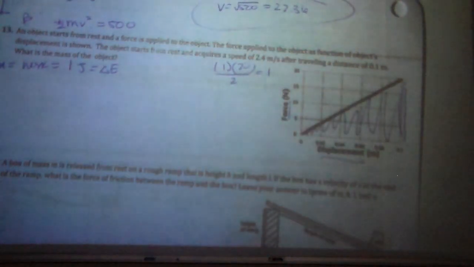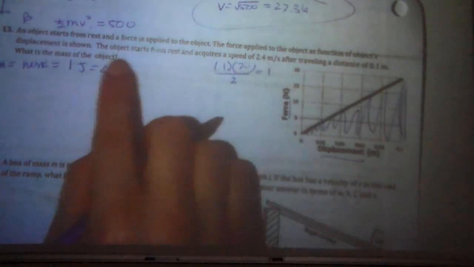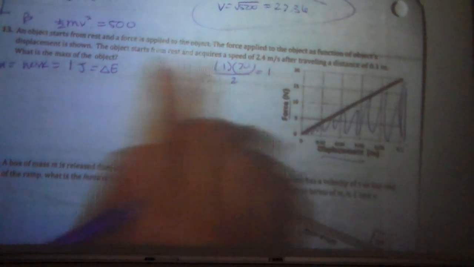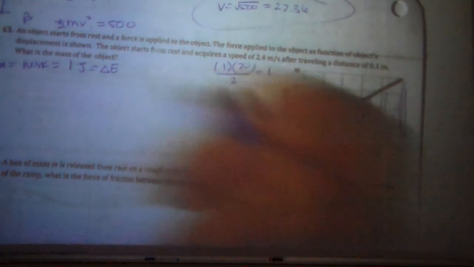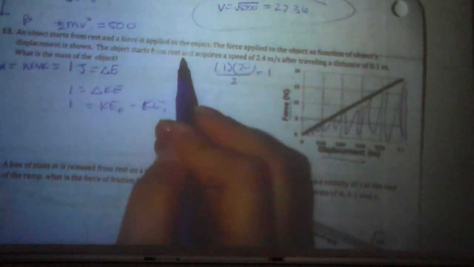Now this work is also the change in energy. This one is talking about it starting from rest and acquiring a speed, so this is the change in kinetic energy. So 1 is my change in kinetic energy, which is K final minus K initial. And it started from rest, so I know my initial kinetic energy was 0. So my final kinetic energy is 1/2 m v final squared, where v final was 2.4, squared.